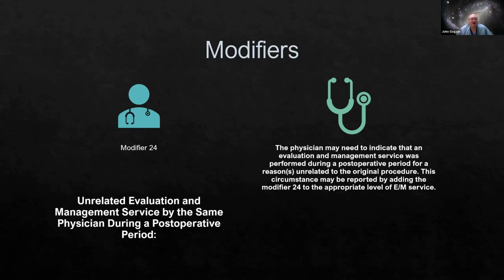And you evaluated that and you gave them some Colchicine or what have you, and ordered some blood work and basically worked them up and treated them for gout. That would clearly not be related directly to the ankle fracture, even if it was in the operative ankle. You would then be able to bill your office visit at the appropriate level and append a modifier 24 that just tells the computer system that this is not related to my ankle fracture.